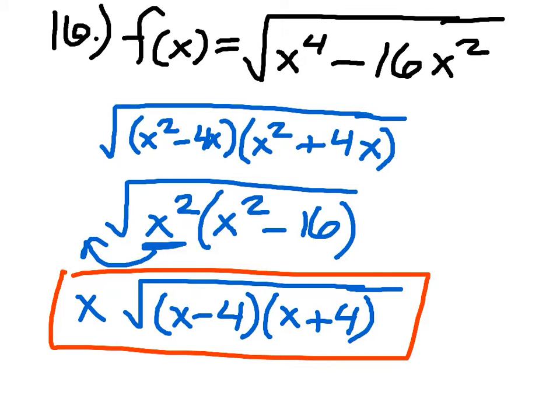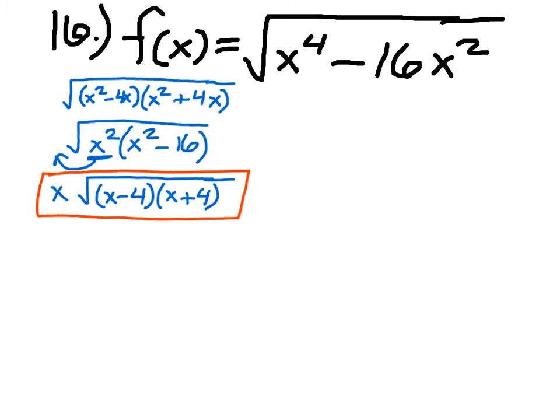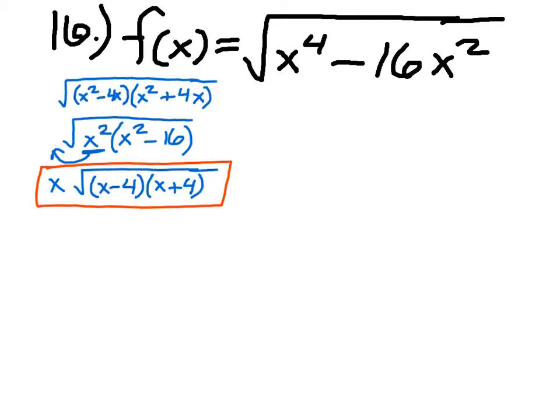So maybe with this I'll start thinking about domain and range now and how to attack this analytically. Obviously some boundary numbers are going to be positive and negative 4. Positive 4 is going to get me to 0 here. Negative 4 is going to get me to 0 there.